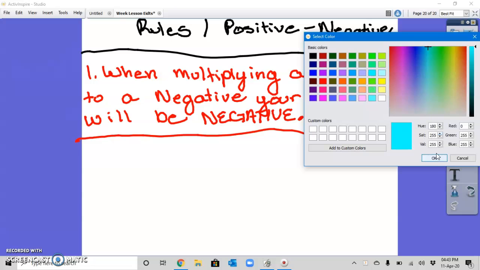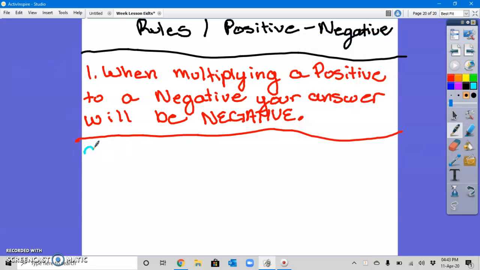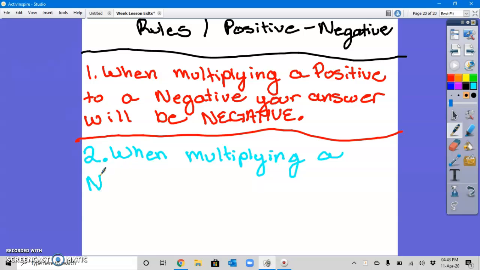Now, step 2. When multiplying a negative, oh, sorry, let me fix this.